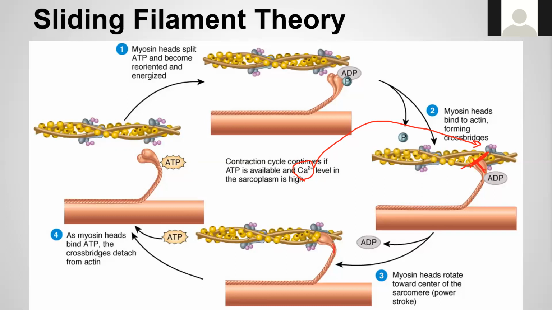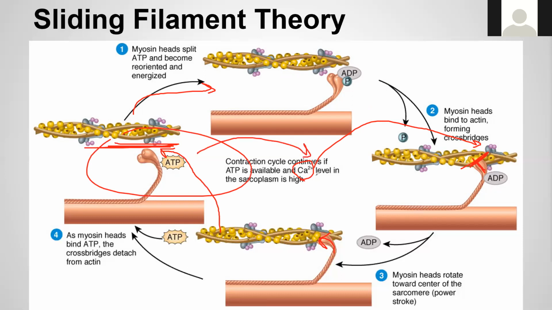After that, the myosin head rotates in what's known as the power stroke, which causes the actual muscle contraction that we see. To then relax, ATP enters and it breaks up the cross bridge. And then our system keeps recycling here. At this point, our calcium also leaves.